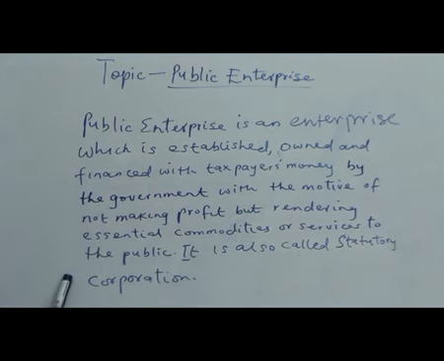Government is the one that established the enterprise and controls it, but finances it with taxpayers' money, in order to establish a corporation that will provide essential services as well as essential commodities at an affordable price for the public to use. We also call it statutory corporation.